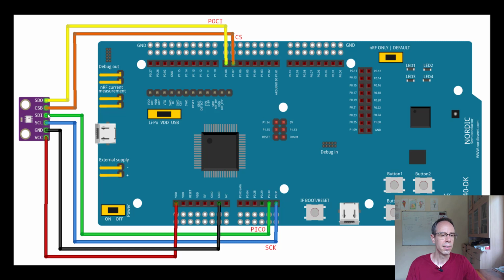And the SDI, so the input of the BME, we are connecting to GPIO port 0 and pin 30, the green line, and then we're having the chip select, which we are connecting to GPIO 1 and pin 7, I chose here. We will implement it with a GPIO later. And the SDO, so the output of the BME, we're connecting with GPIO 1 and pin 8.